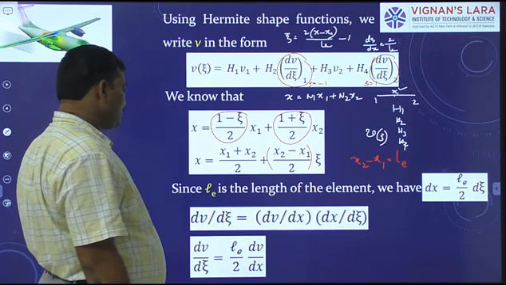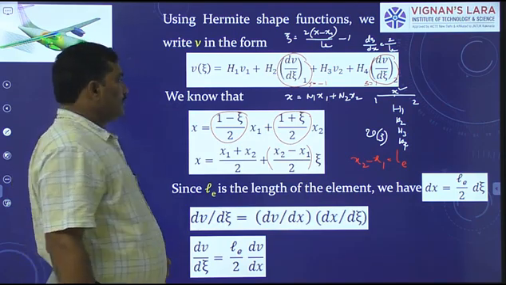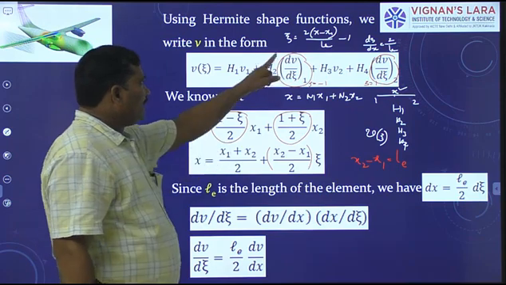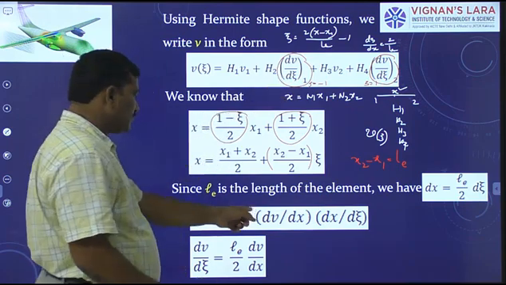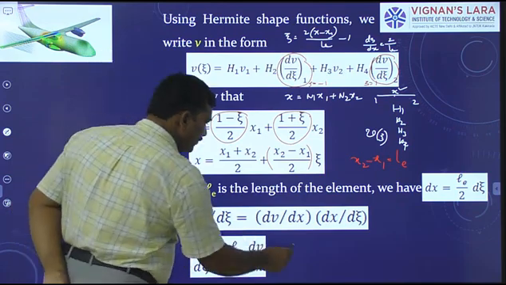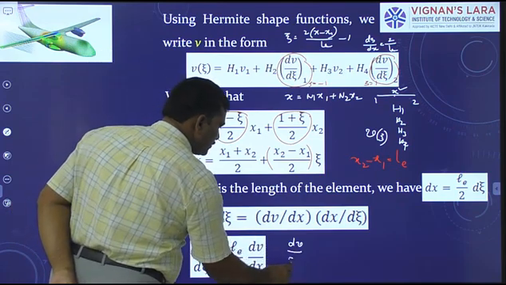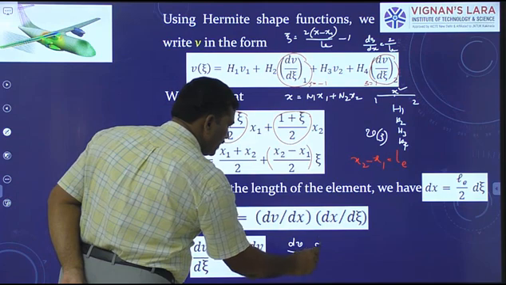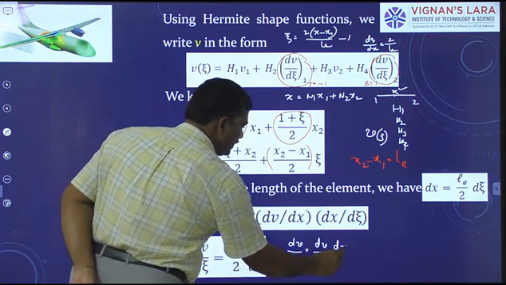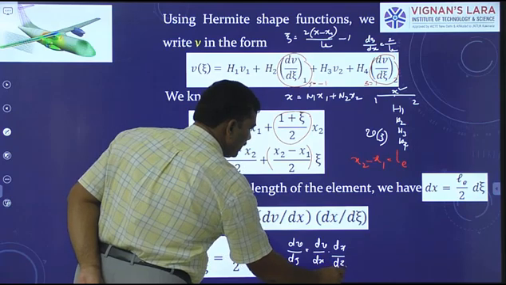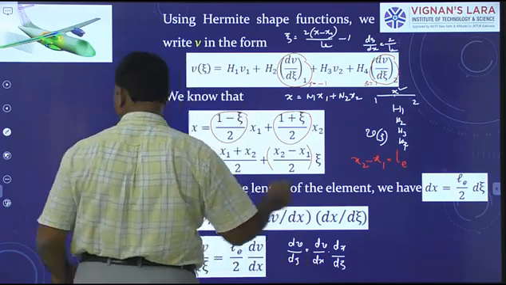This is the reason why we can determine dV by dξ. How do you write dV by dξ? You can write it like this: dV by dξ equals dV by dx into dx by dξ. That is what I have written here.